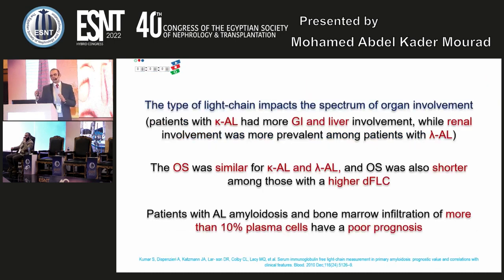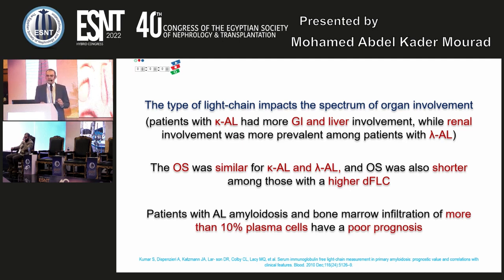What about the type, kappa or lambda? Kappa AL amyloid is mainly seen in GIT amyloidosis and liver amyloidosis, and in kidney, as Dr. Ahmed said, it is mainly lambda AL amyloid.